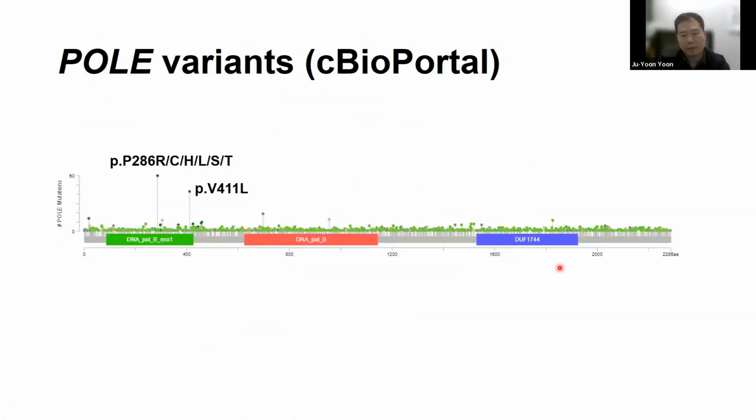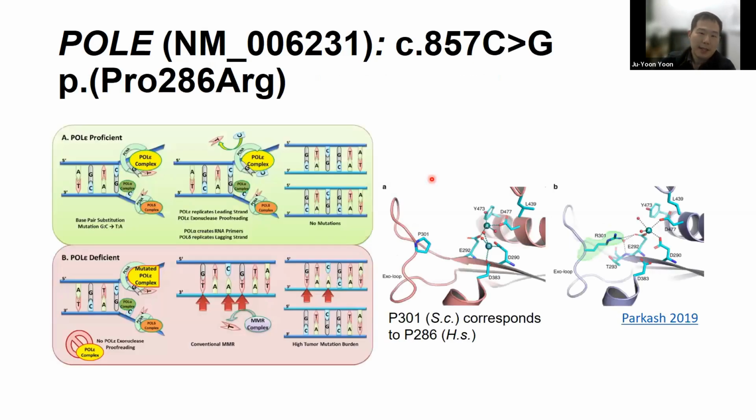Just to give some background information, there are sort of two hotspots in POLE, but there are other variants within the exonuclease domain that have been associated with pathogenicity. And probably the most commonly affected residue is the proline 286, which was, again, my case. And the proline to arginine is something that's been studied very well.